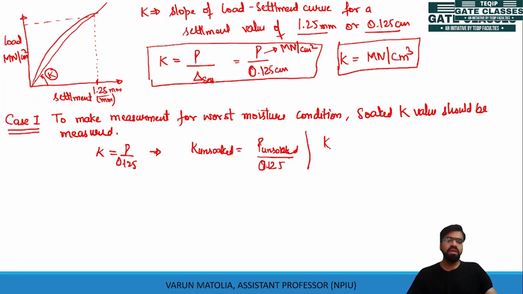Also for K soaked, we want to calculate the value of K soaked. This is P soaked, soaked means damped, by 0.125.